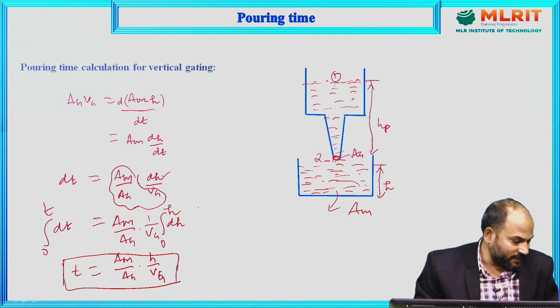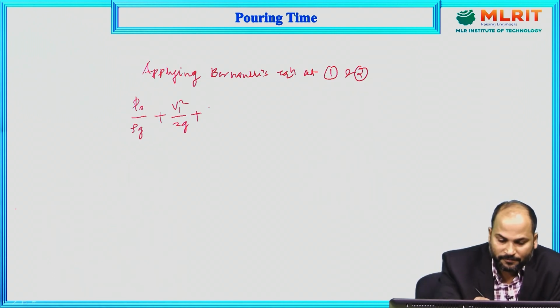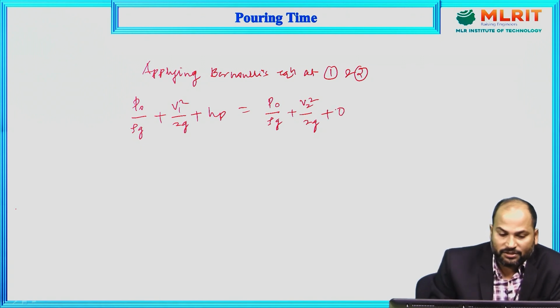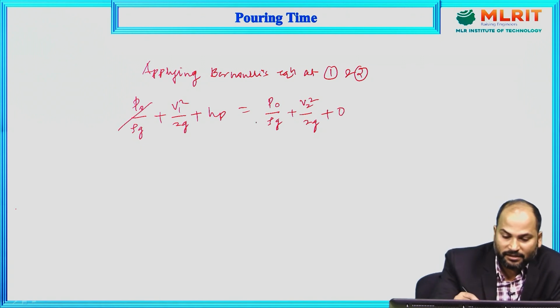So we write HP. This is equal to, here pressure is also atmospheric, so this one plus V2 square upon twice g, plus it is at datum, so this is 0. So this one will be cancelled out, and this V1 velocity is very less.